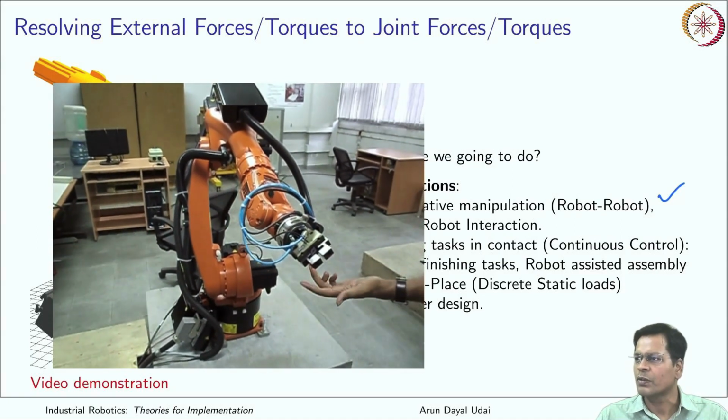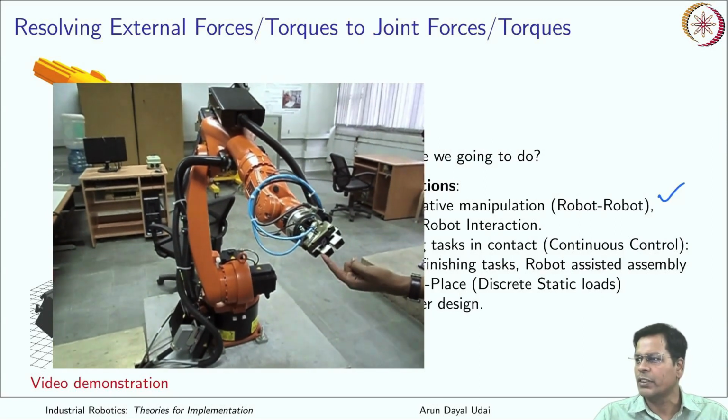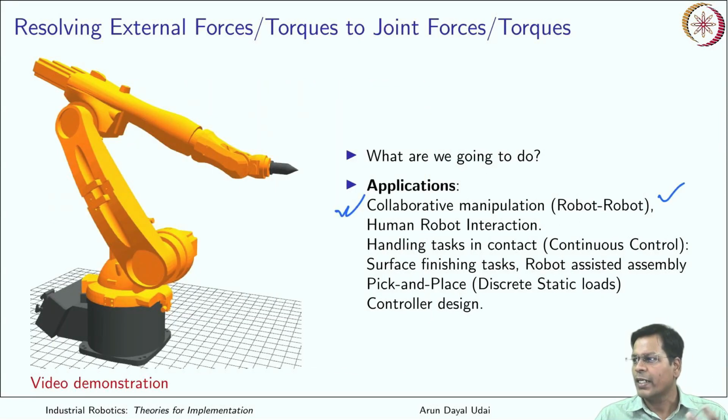See it once again. So yes, this is what I meant. It has to take care of the external force. This is an example of human robot interaction. Handling tasks in contact is a continuous control. Let's say you want to do a grinding task: grinding, polishing, buffing. All those tasks require your robot to maintain a constant force against the surface which it is polishing, grinding, or buffing.